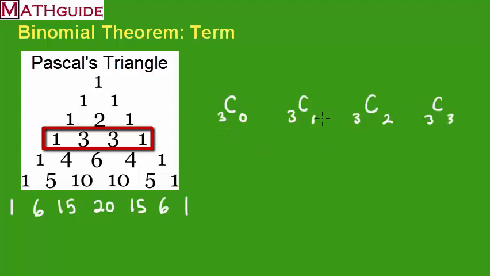If I plug this into a calculator, 3 choose 0 is 1, 3 choose 3 also turns out to be 1, 3 choose 1 turns out to be 3, and 3 choose 2 turns out to be 3. So you can reproduce these numbers using combinations.